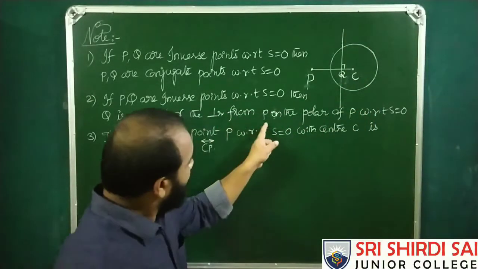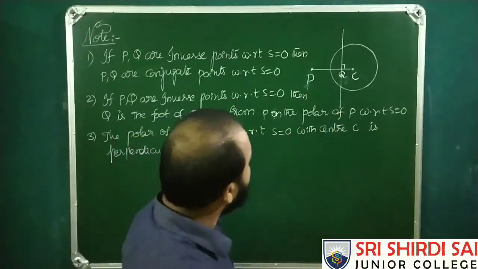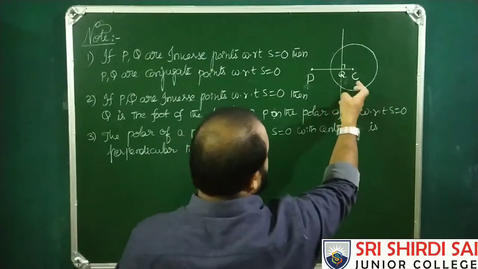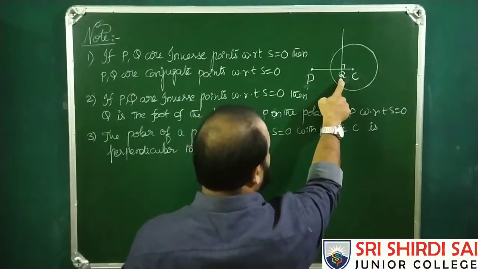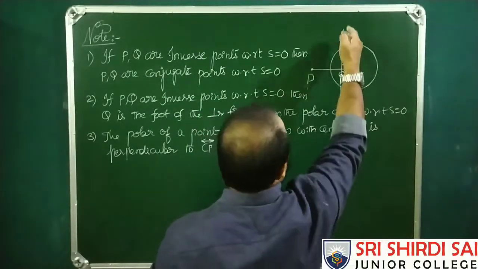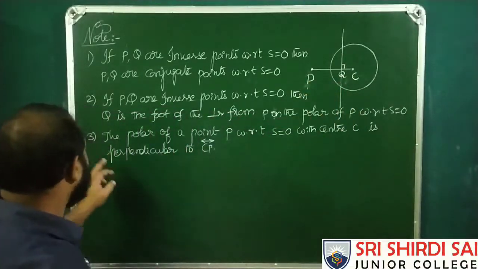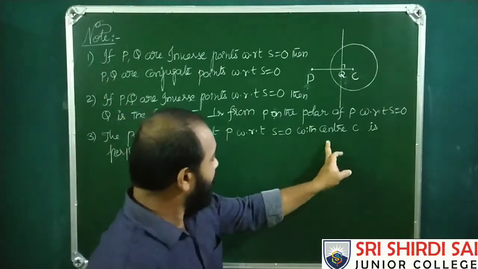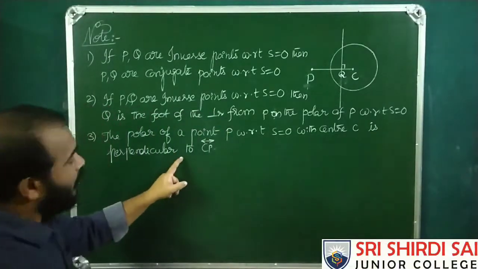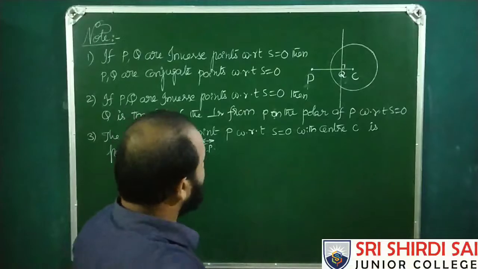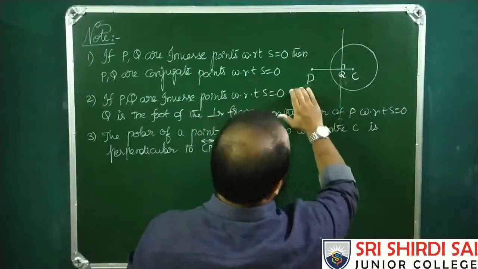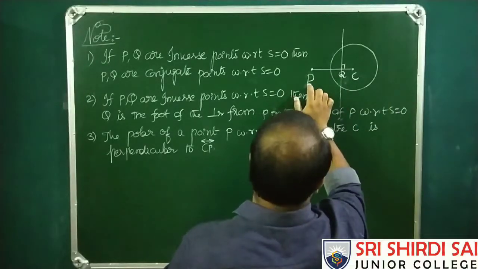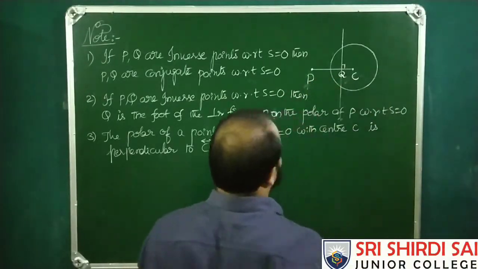And the third point is the polar of a point P with respect to S equals 0 with center C is perpendicular to CP. That's what we have discussed. So the polar is perpendicular to the line joining P and C.